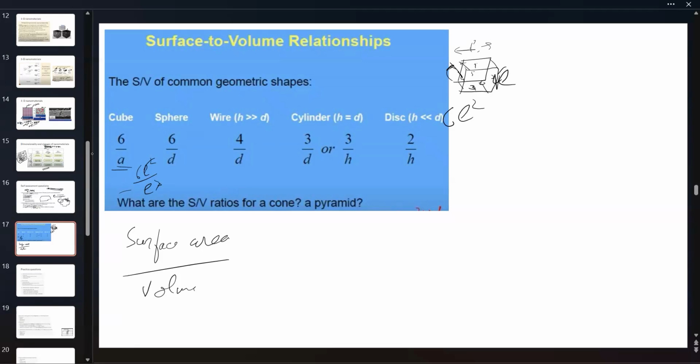Similarly for a sphere, if you remember, the surface area is 4 pi r square, and the volume is 4 by 3 pi r cubed. Is it 2 by 3?